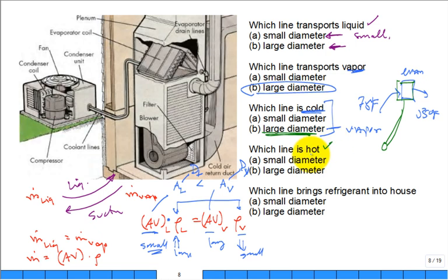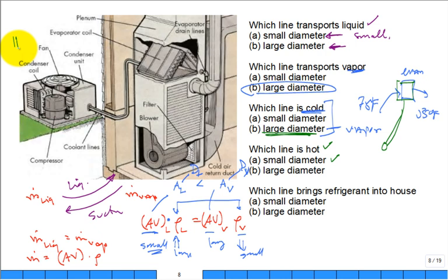Which line is hot? The small diameter. That small diameter line coming right after the condenser is ready to take the refrigerant into the house. If you touch it, watch out. It could be really warm. Why? Because let's say you want your air conditioning system to still work on a brutal day.